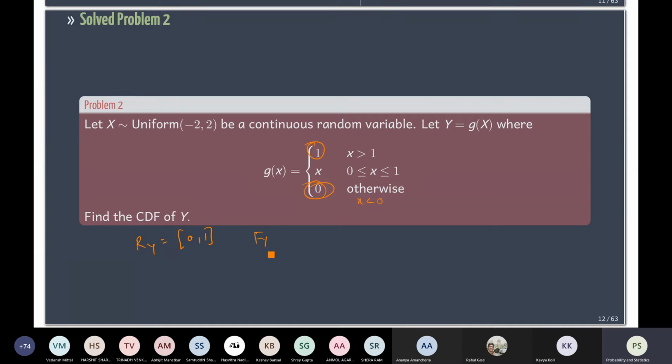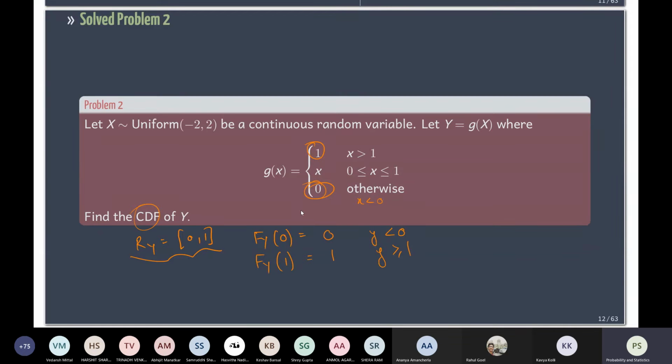F of 0 is supposed to be 0 because y is below the range. And the CDF value at 1 is going to be 1 because that was the upper bound. So these are the boundary values we immediately get by looking at the range. Now what we are supposed to find is the part of the CDF in between 0 and 1.